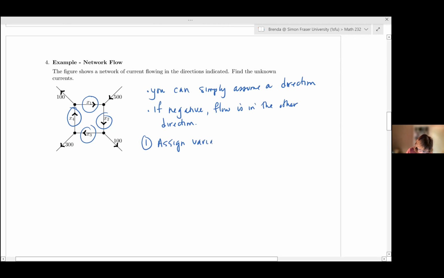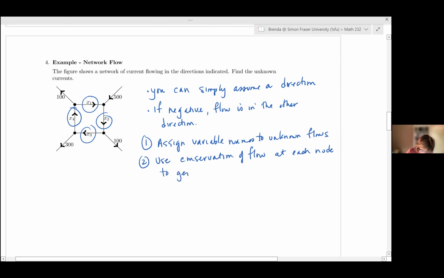Then use conservation of flow at each node to generate as many equations as there are unknowns.